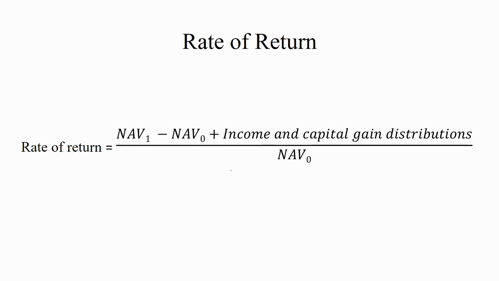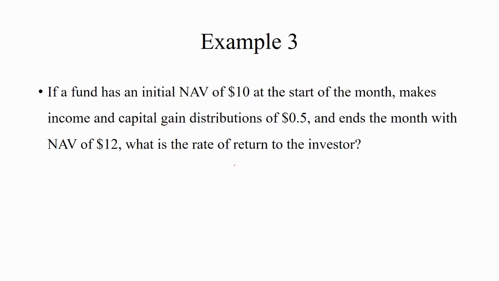Let's have a simple example on this also. Consider a fund which has an initial NAV of $10 at the start of the month, makes an income and capital gains distribution of $0.5 and ends the month with an NAV of $12. What is the rate of return to the investor?